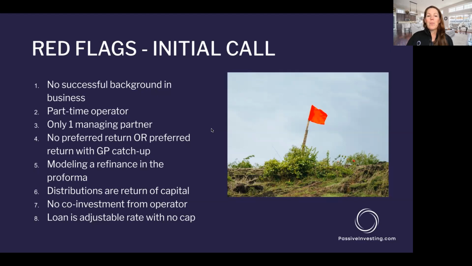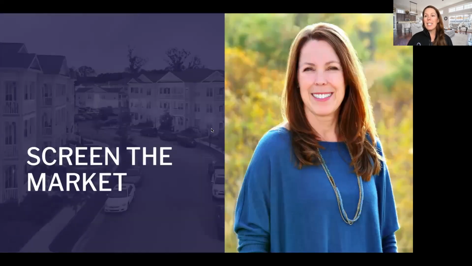All right, so that's screening the operator. Those are some high level questions, and that is you jumping on a call with the operator. I know a lot of investors say, I don't have the time. I'm just going to look at their information online. I should get enough information in the OM, and I'm in an investment group, and I've talked to a couple buddies and they've invested with them.